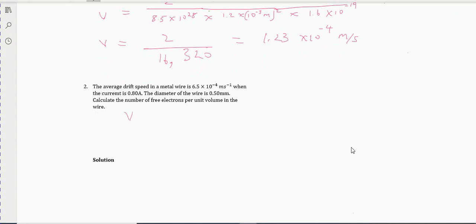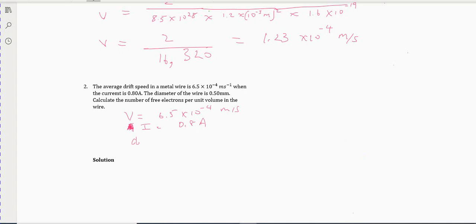So we know V is 6.5 times 10 to the minus 4 meters per second. Then we know I, which is equal to 0.8 amps.